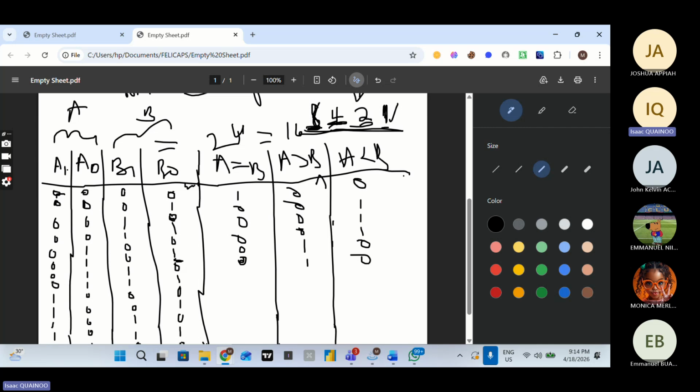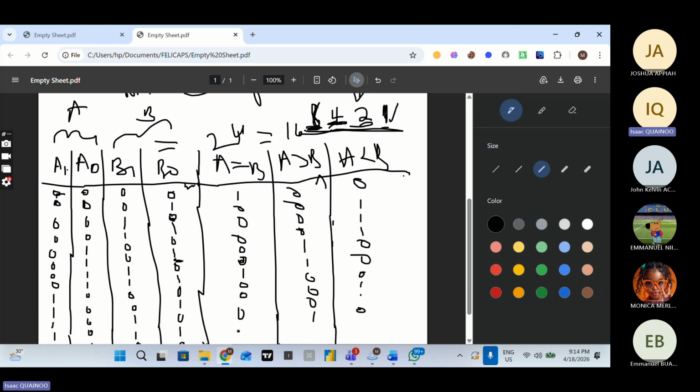So you compare these two and these two to know whether they are equal, greater than, or less than, and you are just good to go. So here becomes 1, 0, 0. Here becomes 0, 0, 1. Here becomes 0, 1, 0.